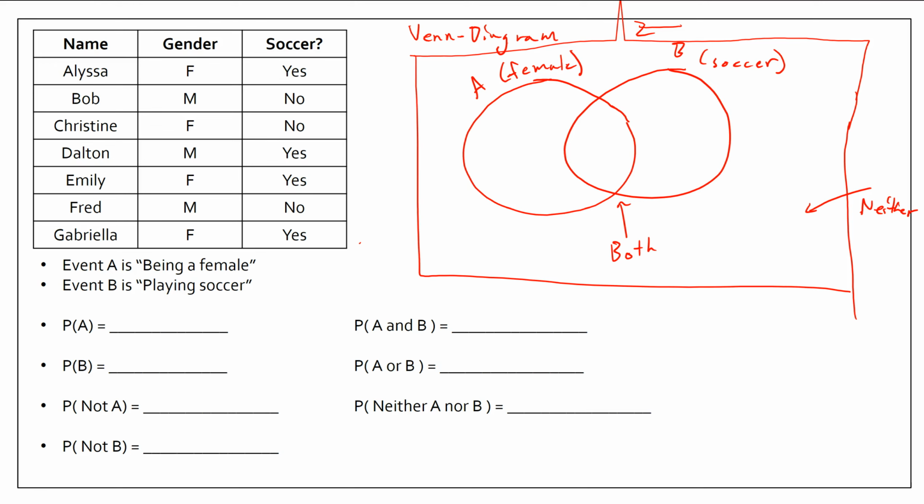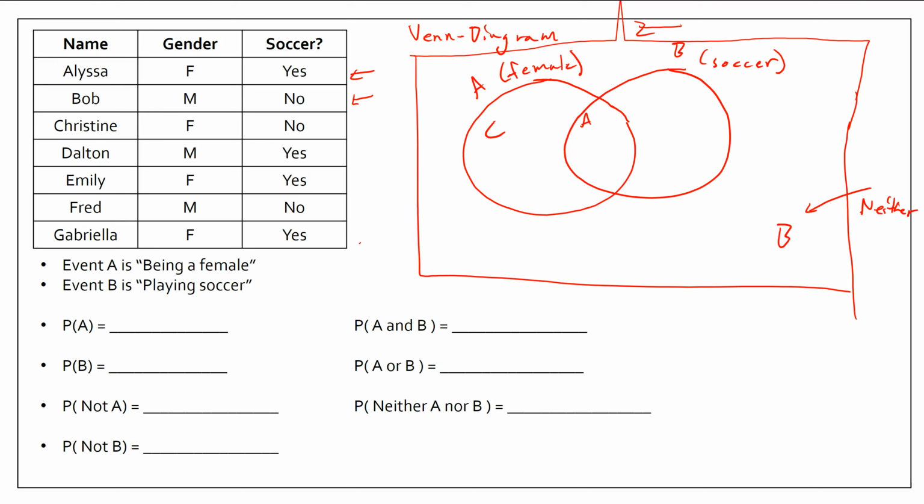So let's take a second to put these people in place. We have Alyssa. She is both a female and a soccer player, so she's going in here. Bob, he is not a female. Also, he's not a soccer player, so he's going in the outside zone. Christine, female, but not a soccer player.